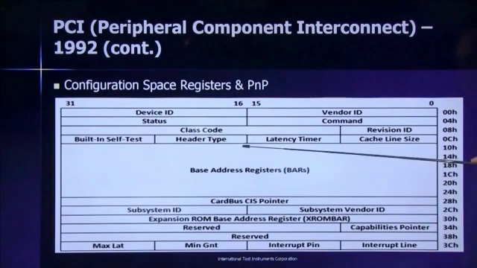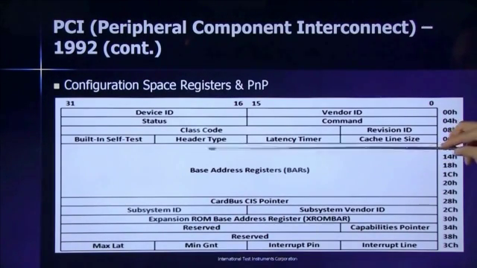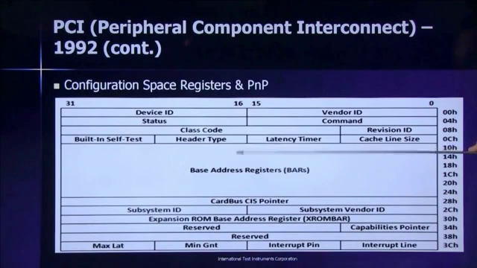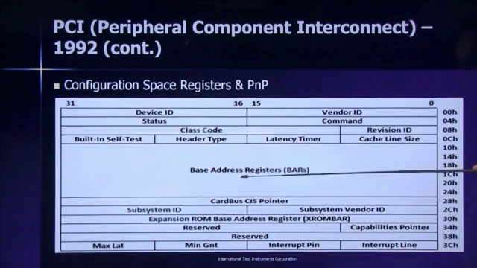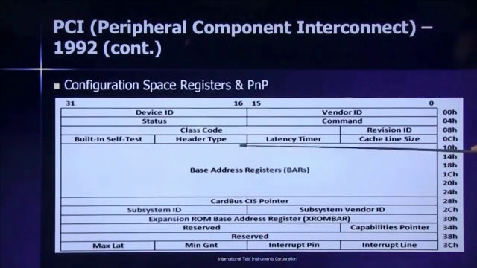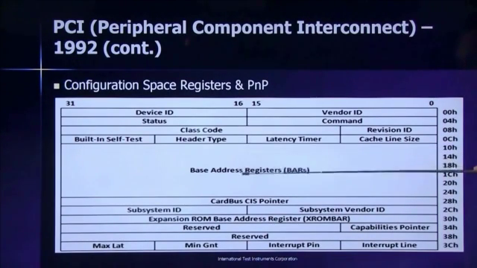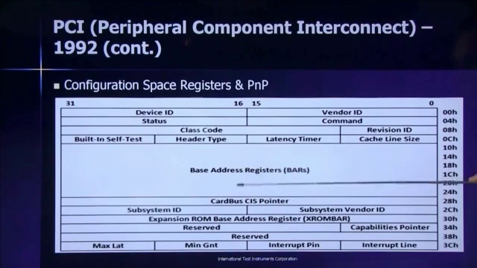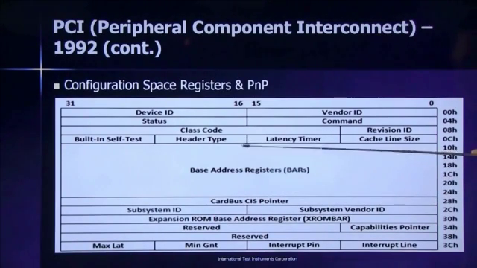So how this works is that the operating system reads the type and size required for each register bank. You might, for instance, have 4 kilobytes of I/O space, and you might have another 8 kilobytes of memory mapped space that the card needs to do its work.